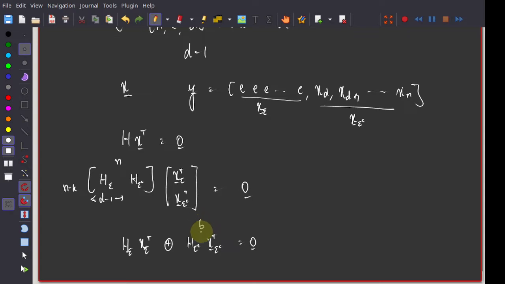Let me call this some vector b. I want to find these values x erased. So H_E x erased transpose is equal to minus b. So finding x erased essentially corresponds to solving this system of linear equations. This has complexity at most order n cube.